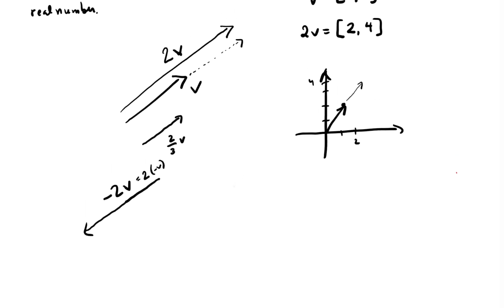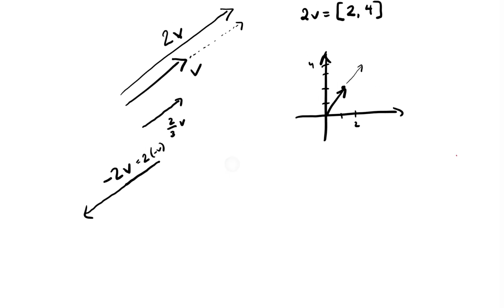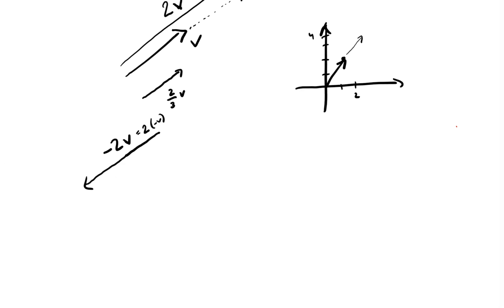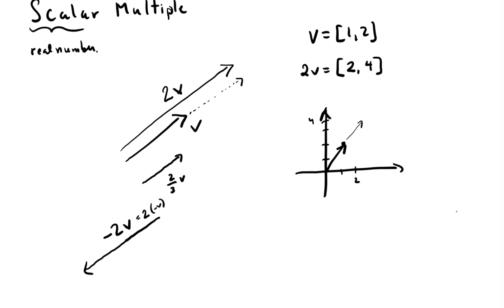There's not that much to say here. Maybe one little thing to add. Often for scalars, if I want to use a variable so that I don't assign a particular value to that scalar, we're going to use the letter k. So often you'll see kv in the book. That's typically a letter used for a scalar, and that's typically a letter used for a vector. You could also see things like kv plus lu.